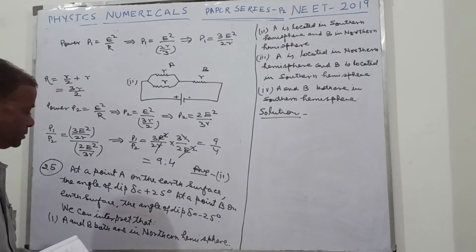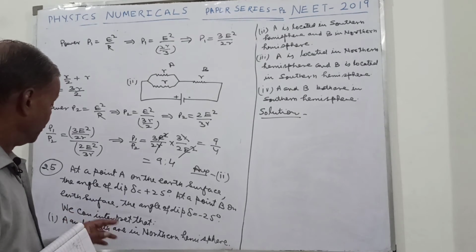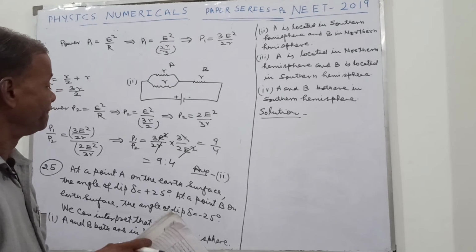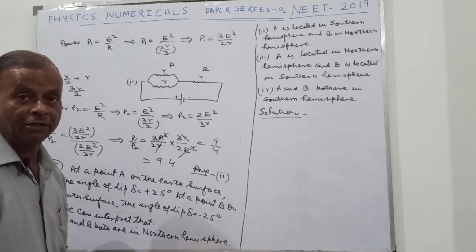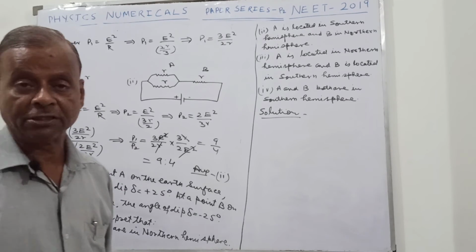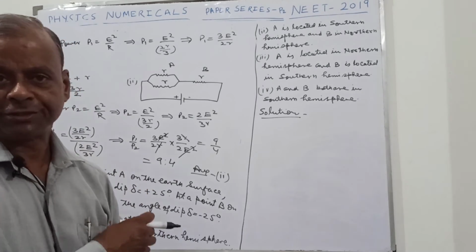Now the solution. Here the question is given for the angle of dip. First it's plus 25 degree, then minus 25 degree. So we know that the angle of dip is the angle that the magnetic needle makes with the horizontal or the equator of the earth.